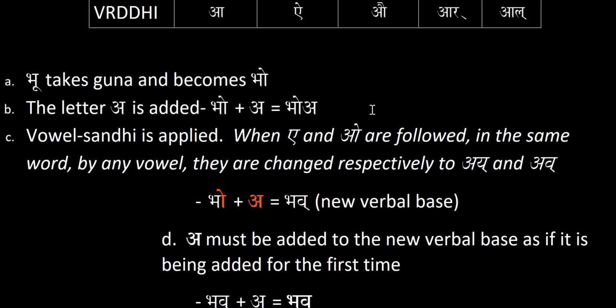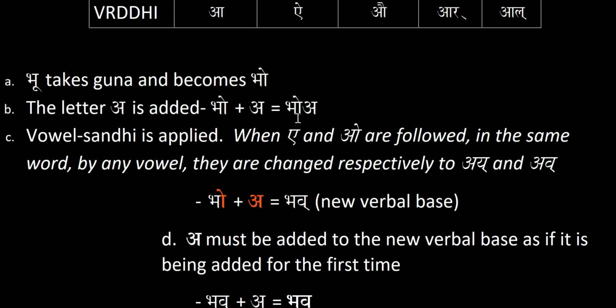And then after this point, this is where we have to figure out whether we have to apply a sandhi rule or not. So let us remind ourselves what that sandhi rule is. When e and o are followed in the same word by any vowel, they are changed respectively to ay and av. So does this rule apply? Yes, it does. Why?